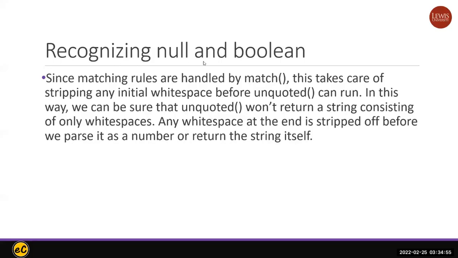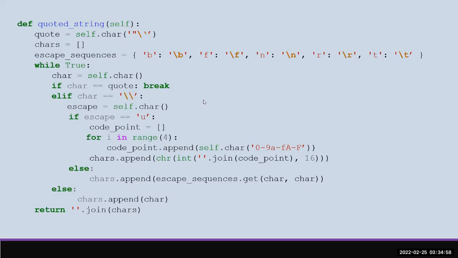Okay, so regarding this one, we have a quoted string. A quoted string is determined by a single quote as the starting, and in the middle you may see an escape sequence like this. There are many escape sequences, and your char is your character.